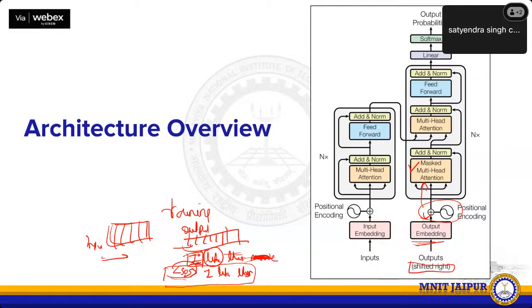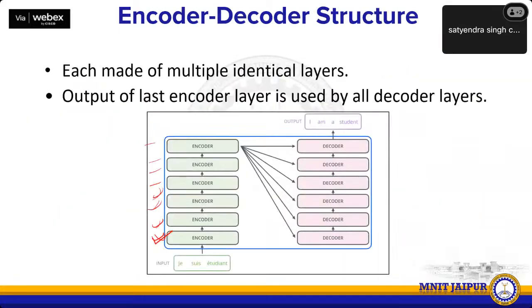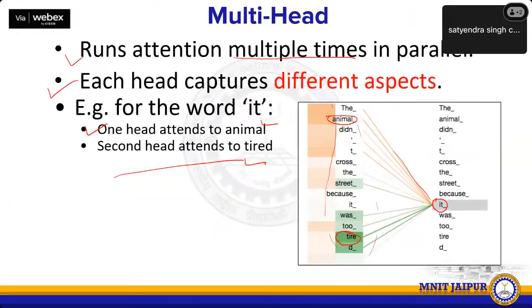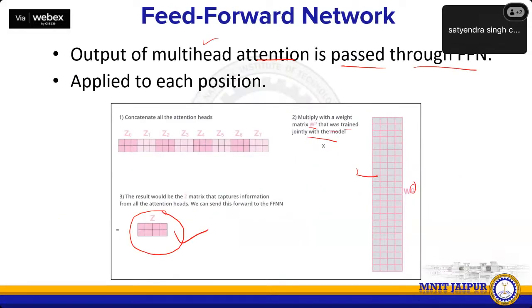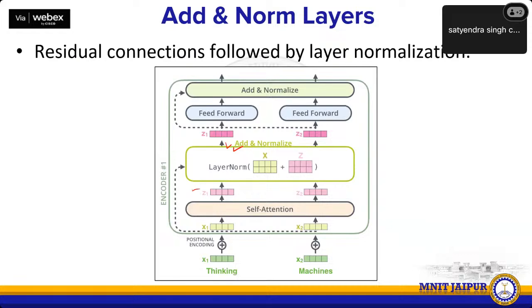Then the masked multi-head attention is similar to self attention, but the generation of the ith token should not depend on the future tokens, only on the previous tokens, so we mask it. Then normalization, and we add it to make it computationally easier.